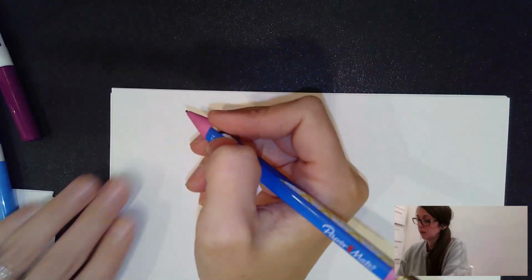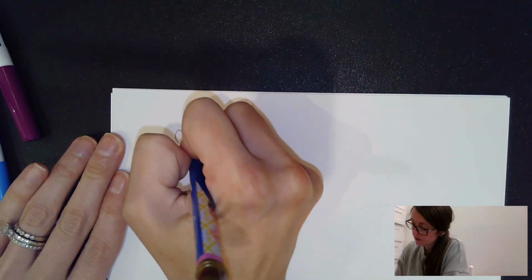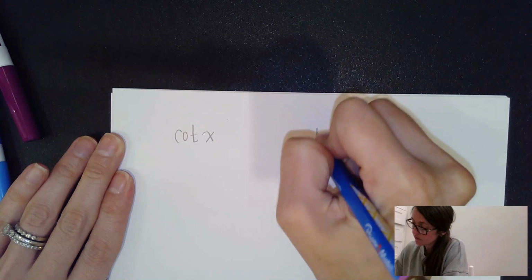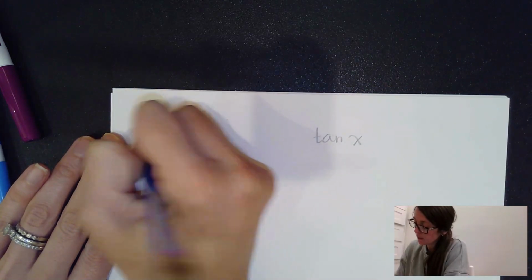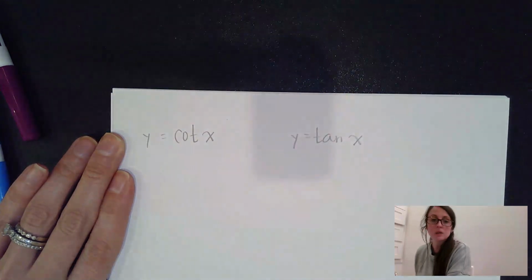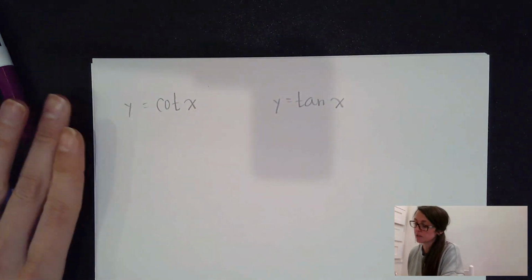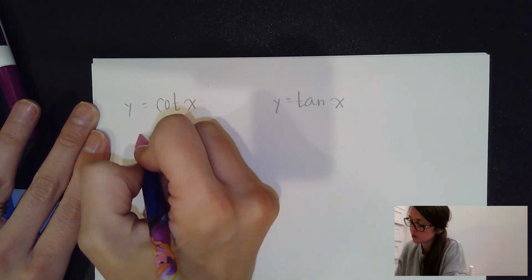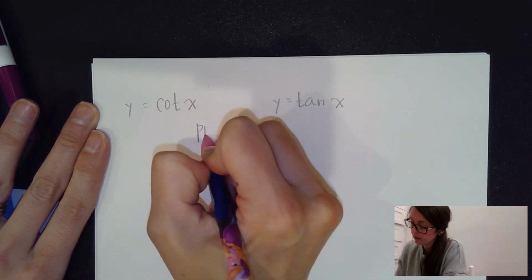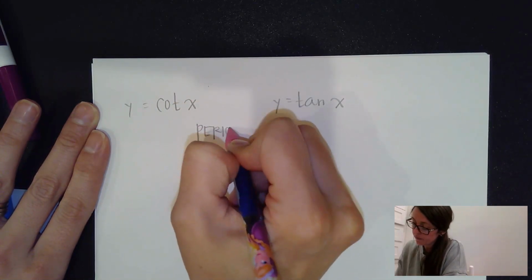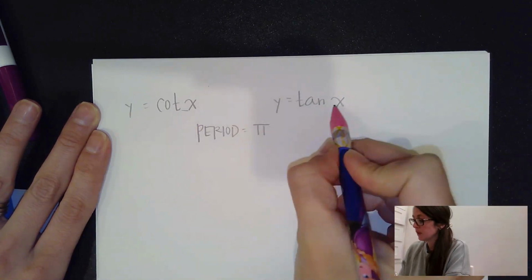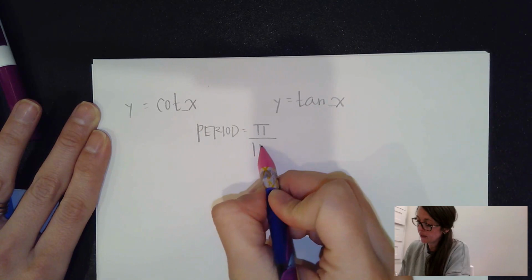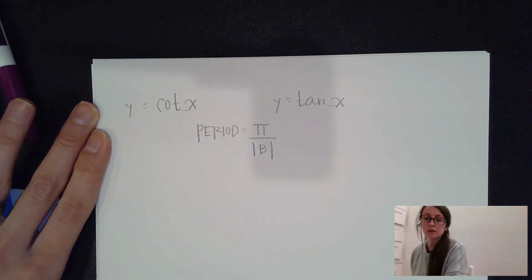I want to talk a little bit about cotangent and tangent functions. This came up in tutorials some, so I just wanted to address this. So cotangent and tangent are both going to have a period of pi. So if there's something inside of here, remember, then it would be pi divided by the absolute value of b.